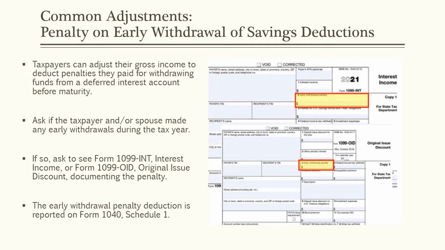This penalty can be identified on Form 1099-INT, which is interest income, Box 2, or Form 1099-OID, original issue discount, again in Box 2. The taxpayer will receive this form from their bank, and the early withdrawal penalty deduction is reported on Form 1040 Schedule 1, again as usual.